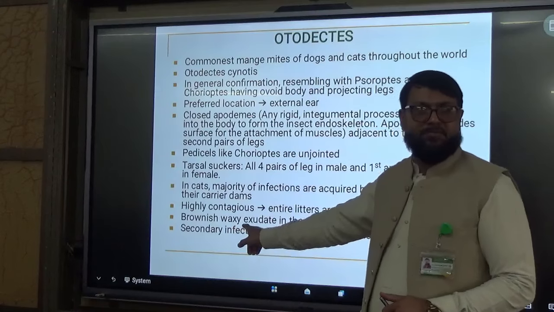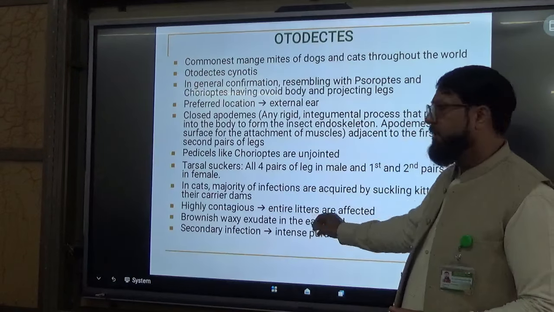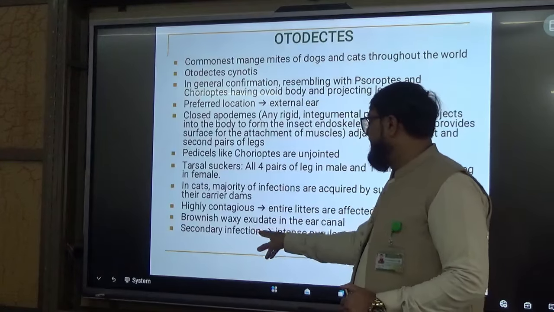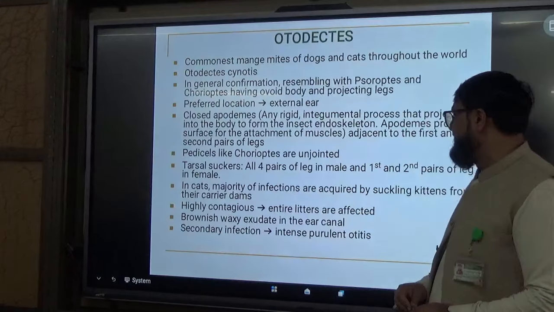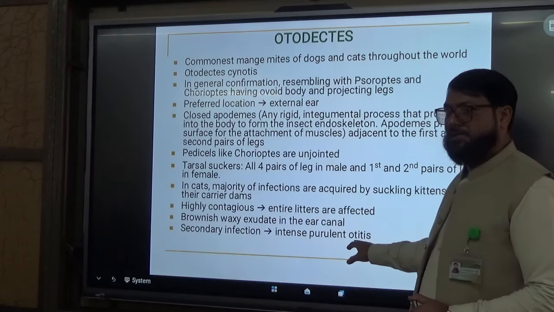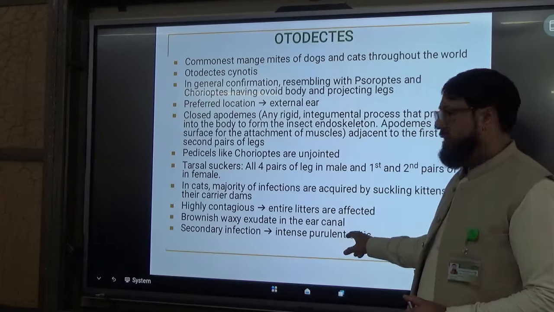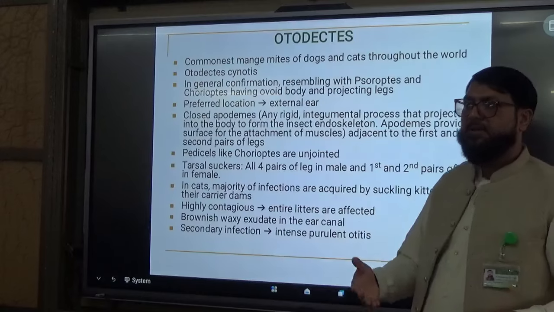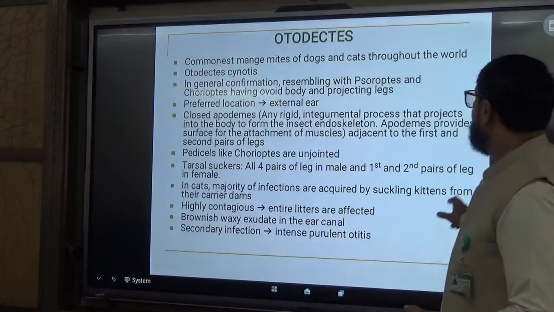That is an indicator of something wrong, or of mite infestation going on in the ear. It is usually coupled with a secondary infection which leads to intense purulent otitis. That is inflammation of the ear, containing pus inside due to secondary bacterial infection.